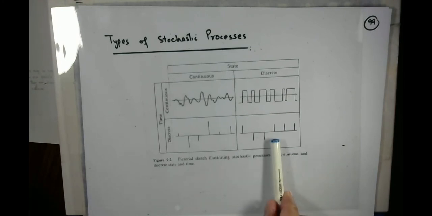For this discrete time, discrete state process, an example is the outcome of the nth toss of a six-sided fair die. So you see, the state of the process is the values on the dice: 1, 2, 3, 4, 5, 6. There are just 6 possible values, and this is the outcome of the nth toss. On the first toss you will have some value from 1 to 6. On the second toss you will have some value from 1 to 6.